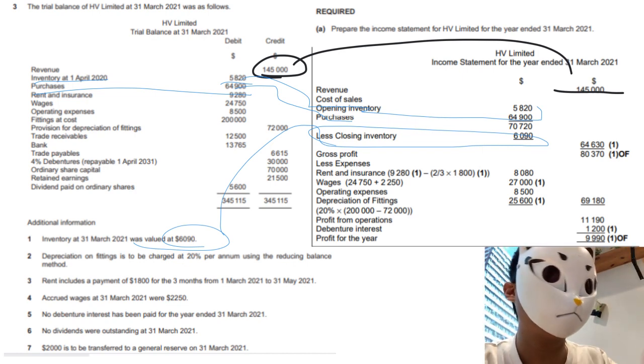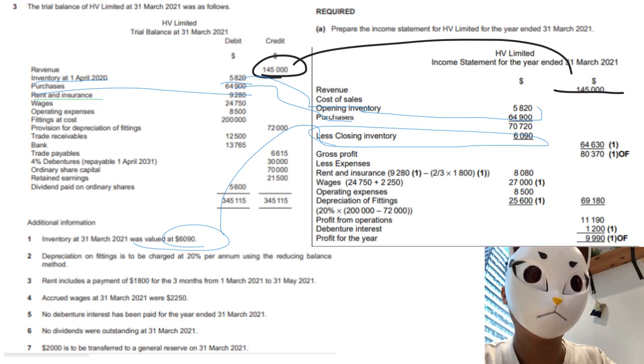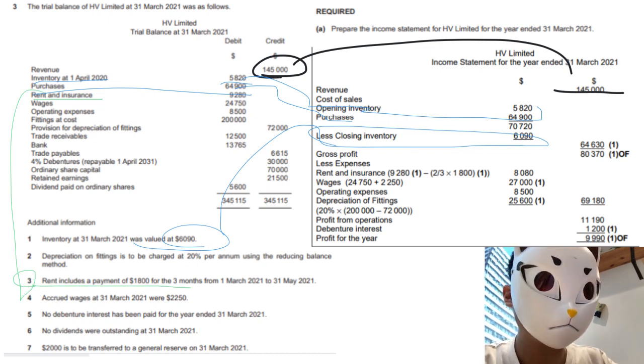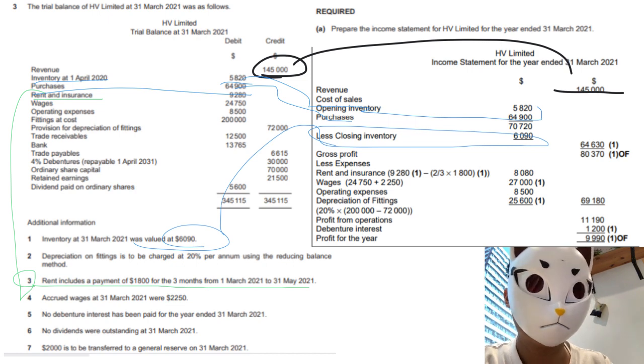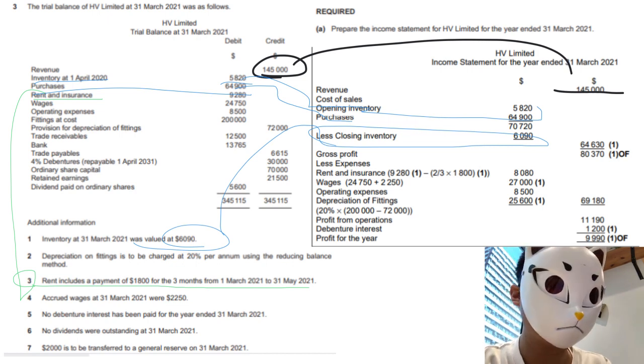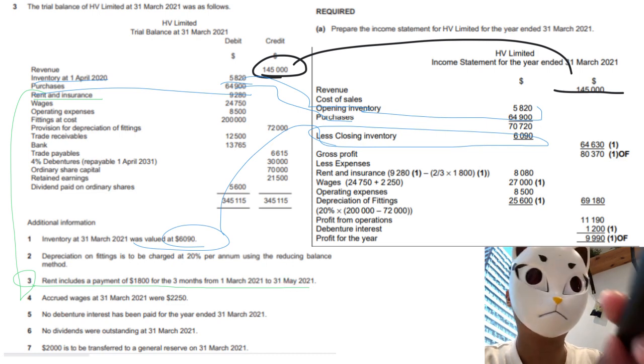First of all, let's take a look at the rent and insurance. In number 3, it talks about a prepayment that you will need to make an adjustment for. The prepayment is for 3 months, 1 March to the end of May.